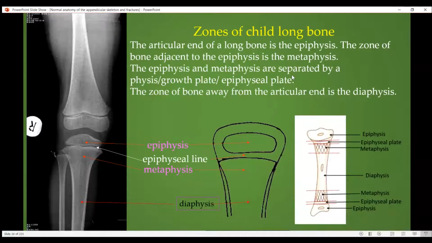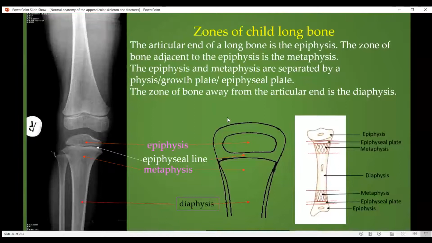The Salter-Harris classification talks about the fractures related to these parts. The fractures of the epiphyseal plate and the cartilages along with the metaphysis are classified by the Salter-Harris classification.